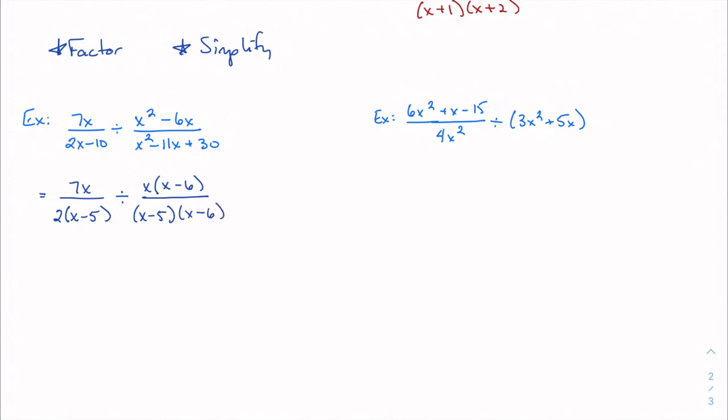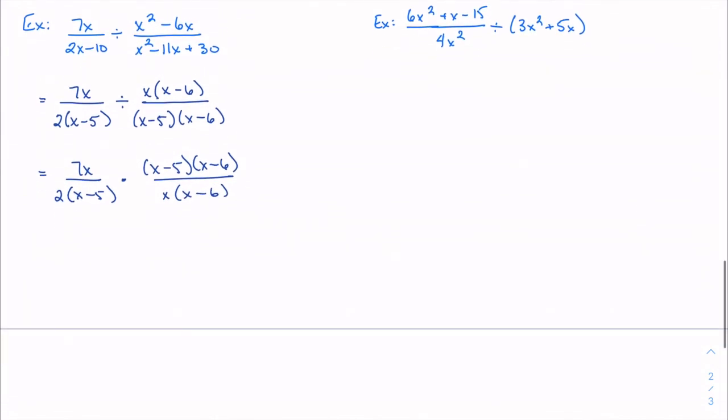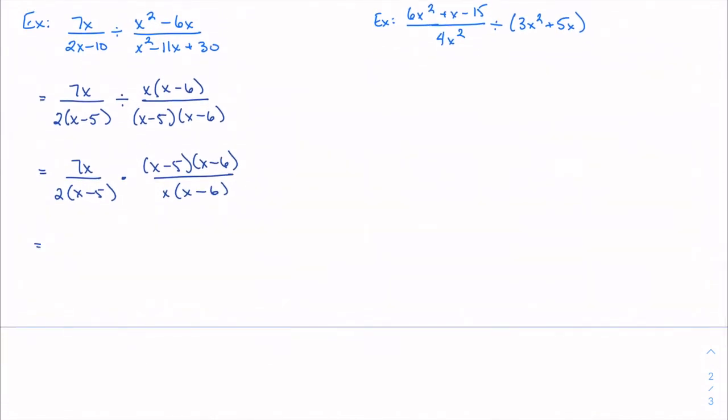Okay, so then we're going to keep, change, flip, and multiply across, right? This is just going to be 7x, x minus 5, x minus 6. We're just stringing everything all together, right? 2, x minus 5, x minus 6.